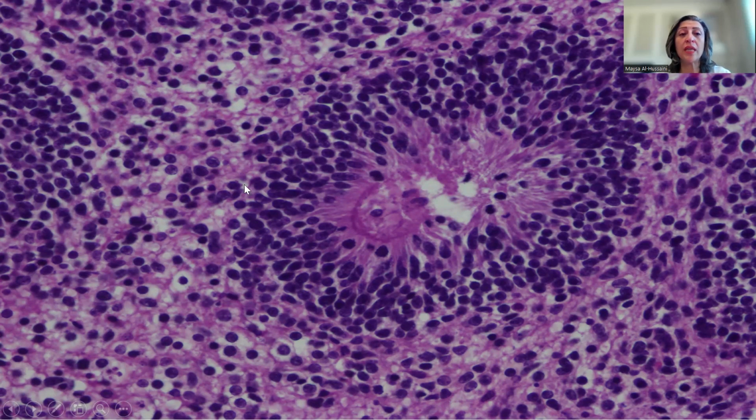There is another one here, and then some neuropil in the background. Now, this appearance is consistent with immature neuroectoderm. This is the defining feature of immature teratoma, whether this is in the ovary or in other places.